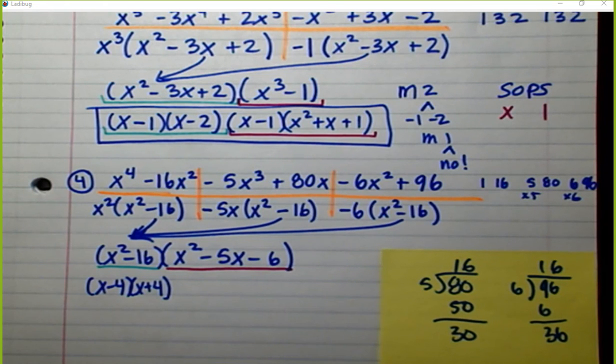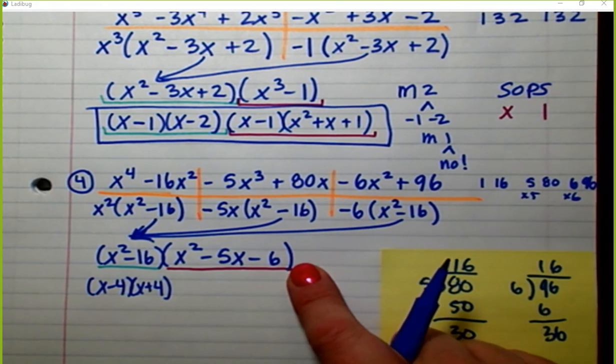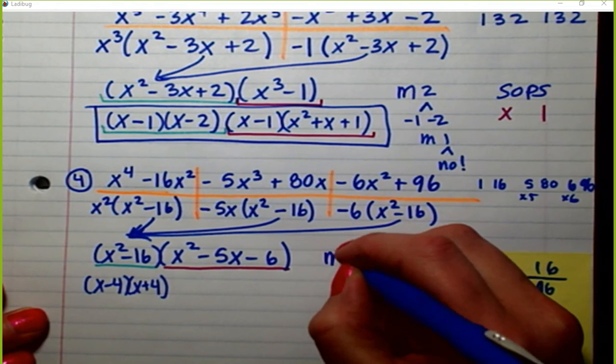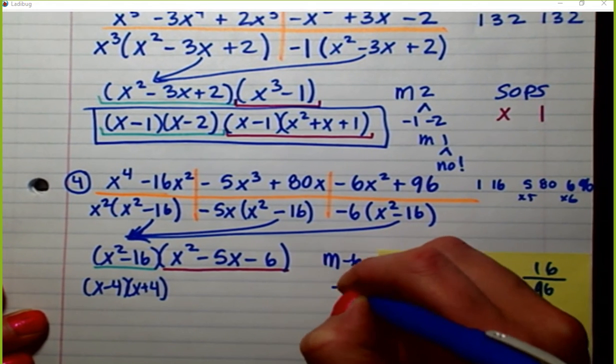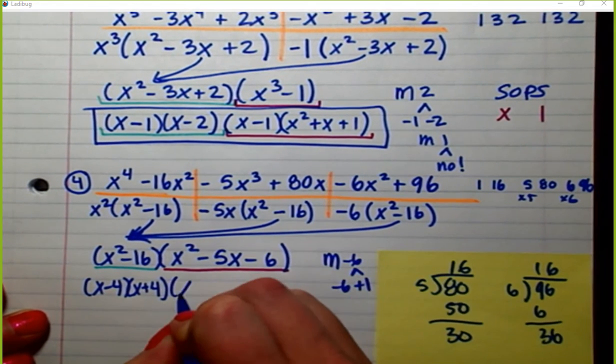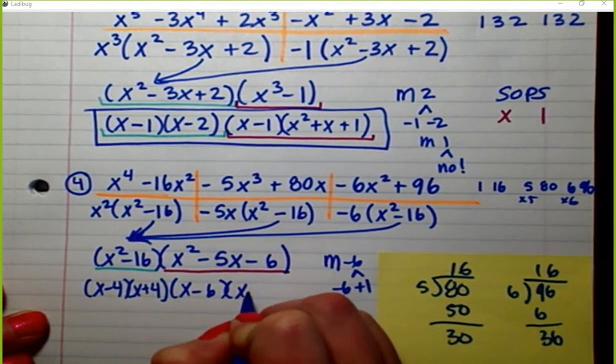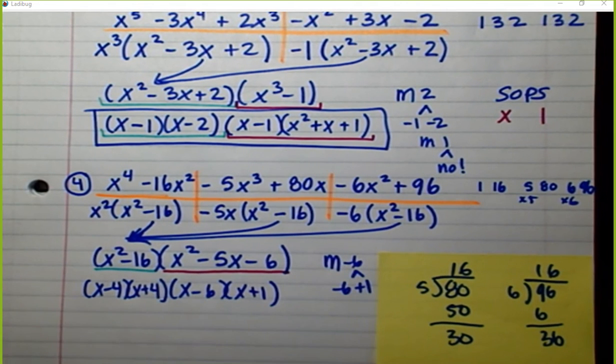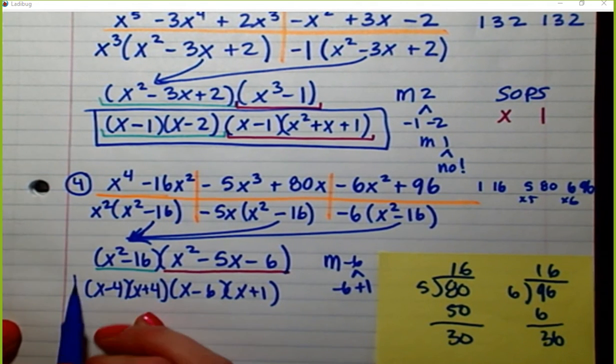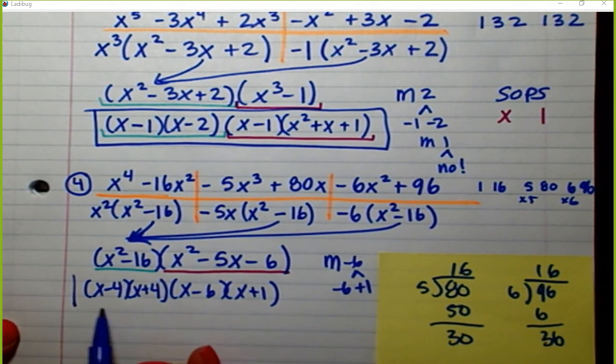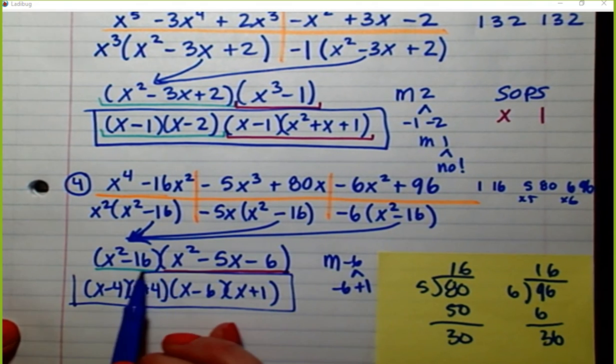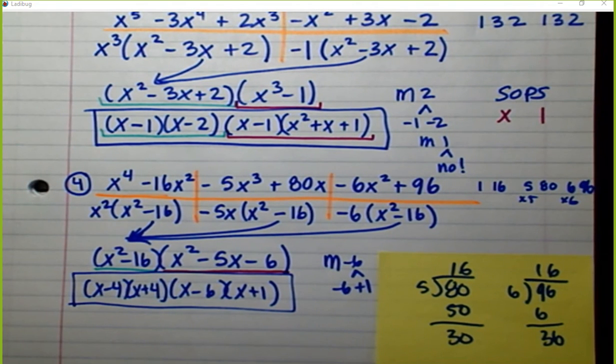Loop back through regular trinomial. Multiply to negative 6. All right, there it is. Voila. You're finished.